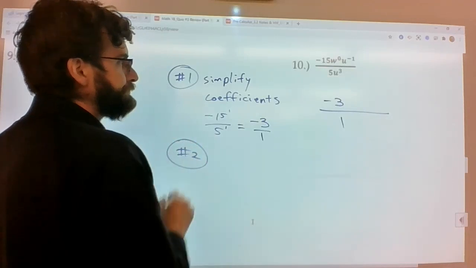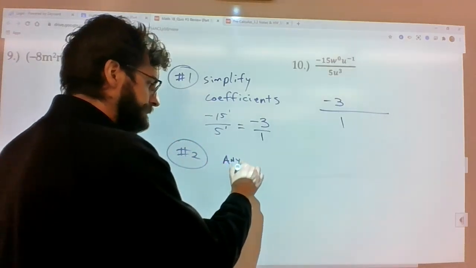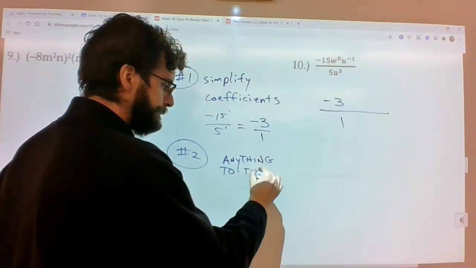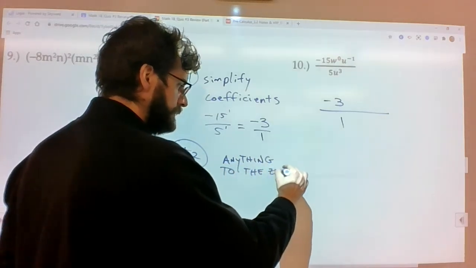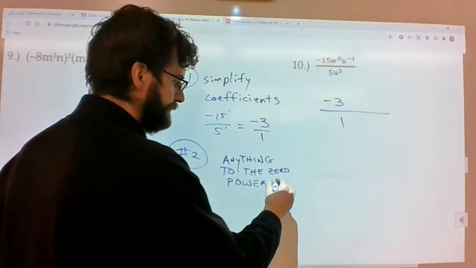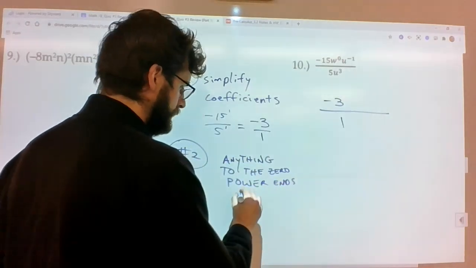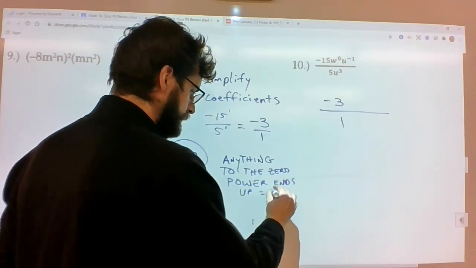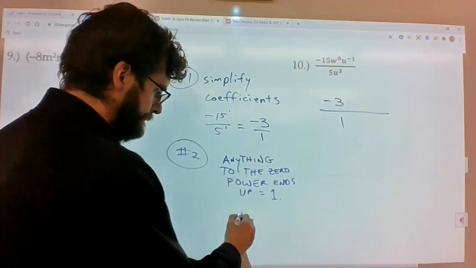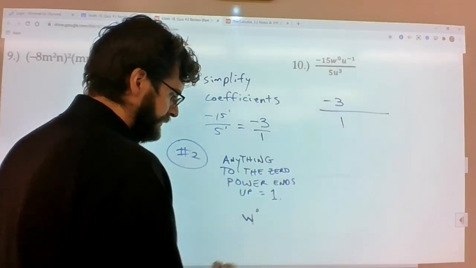Second part. Anything to the 0 power ends up being the constant 1. So w to the 0 power is equal to 1.